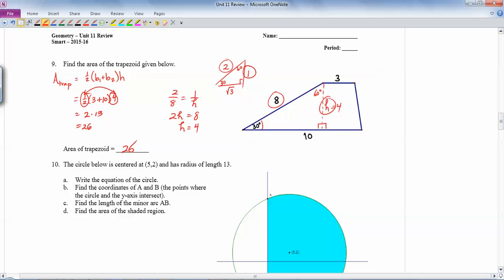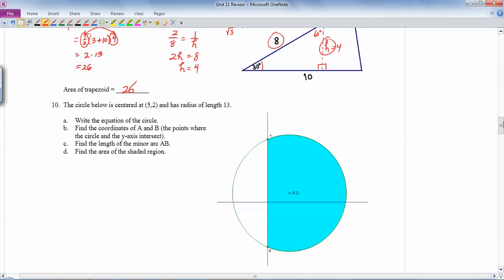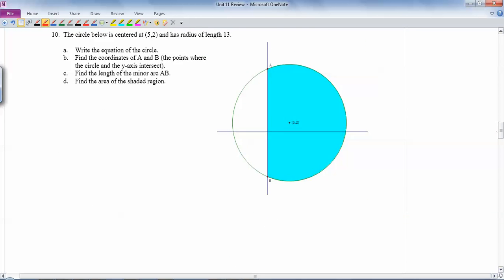Okay. Number 10 is a bit longer. It actually goes back to the last unit. Everything except for part C, you would have been able to do in the previous unit. So part A says write the equation of the circle. So you might remember, equation of the circle looks like this. (x minus h) squared plus (y minus k) squared equals r squared.